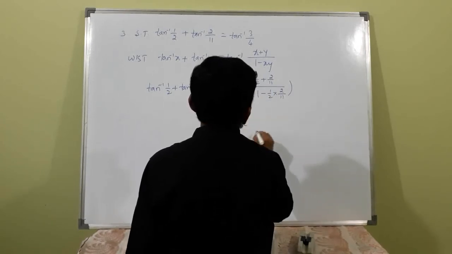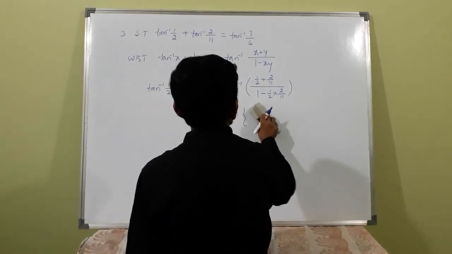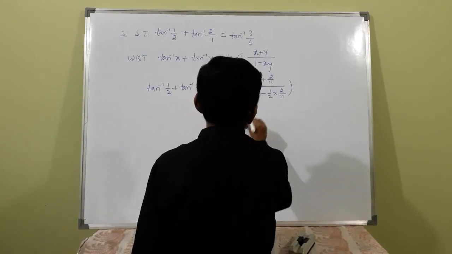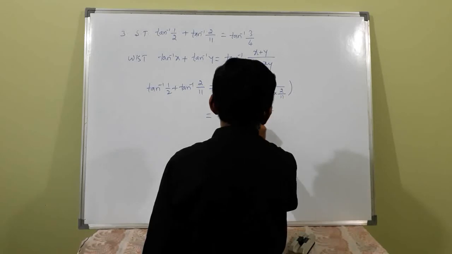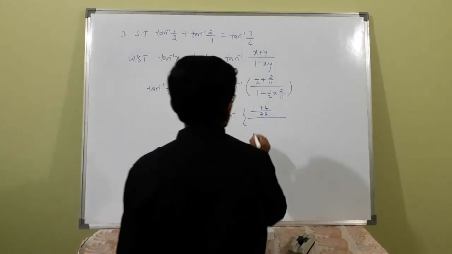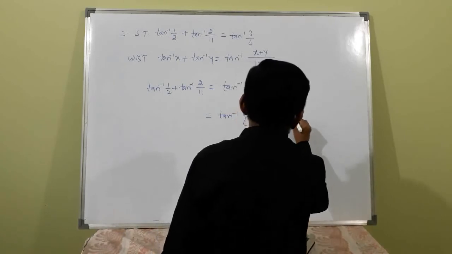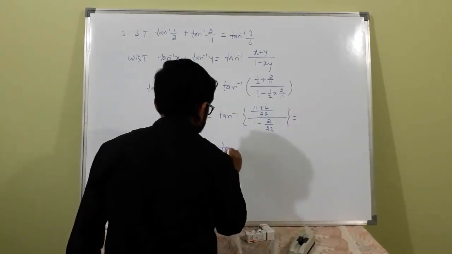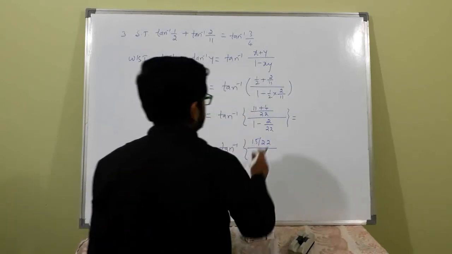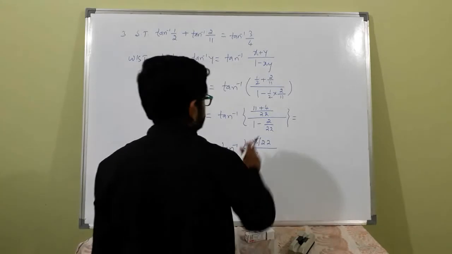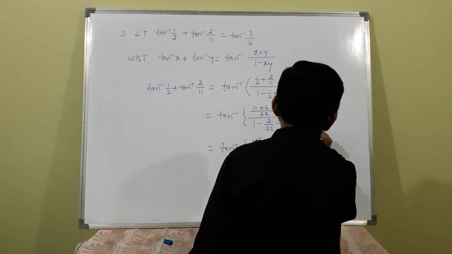If you take 22, 1 by 2 means 11 by 22, plus 4 by 22, whole divided by 1 minus 2 by 22, or this can be written as tan inverse of 15 by 22 divided by 22 minus 2 divided by 22.